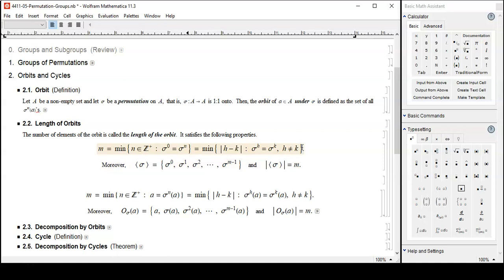So if you discard A and look at those maps, sigmas, as objects of the groups, consider sigma as objects, and do not consider it as a map, then you get the order formula for finite cyclic groups. Now, if you consider those as maps applied to A, then you get the orbit formula, the length of the orbit formula.